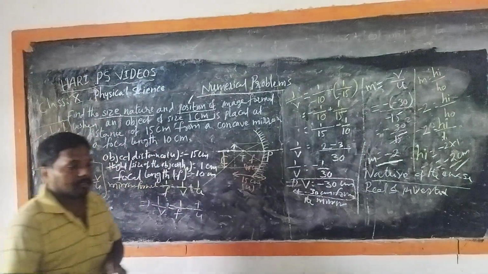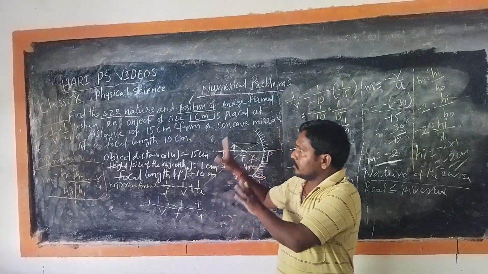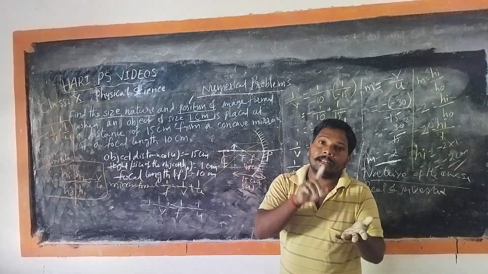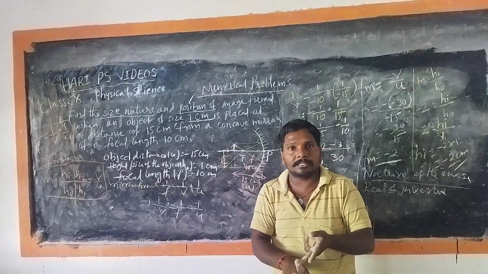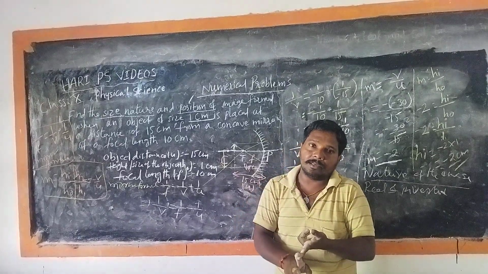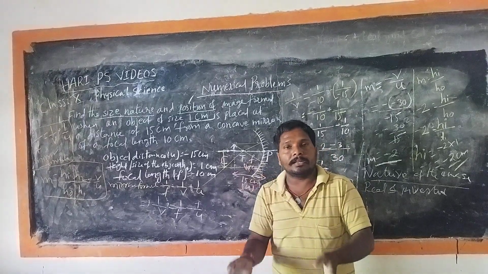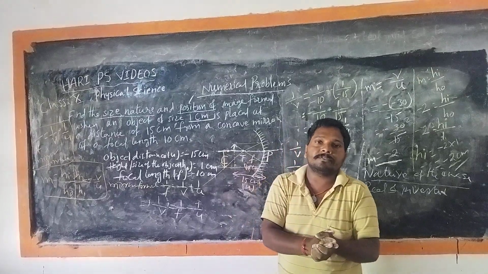In this way, the problems will be asked in the examination. Just by changing the values, you have to practice them. Maybe they will ask the magnification, the object distance, the image distance, the size of the image, or the nature of the image: real, inverted, diminished image formed, enlarged image formed, virtual image formed.